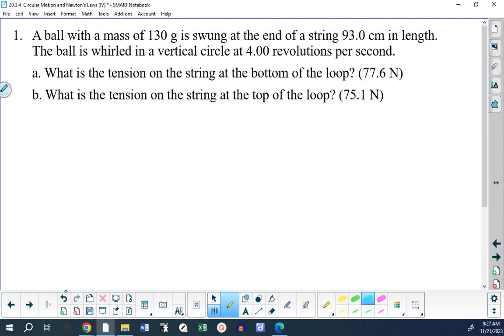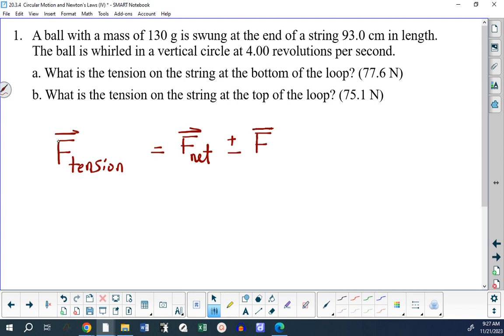I just want to say that when you have an object on a piece of string that's twirled in vertical circular motion, the tension, which is the applied force by the string to the object, is different at the top than at the bottom. And it can always be found by taking the net force and adding or subtracting the force due to gravity.